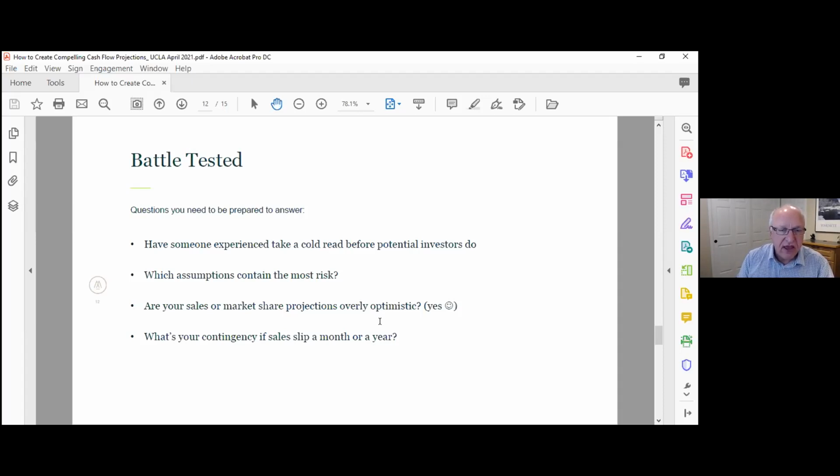The other thing you'd want to think about going in is, we all know your projection is a guess. It's a fancy guess. It's your best guess, and you would know best, but we know that some things in there are going to be wrong. Some might be better than you think, some might be worse. Which ones have the most downside risk? You'll want to think about that going in. Hey, what keeps you up at night about this projection?